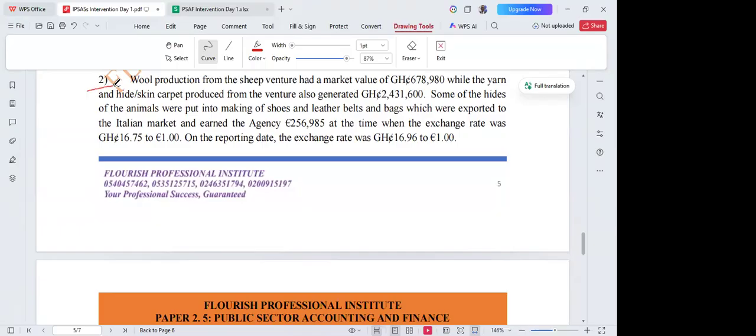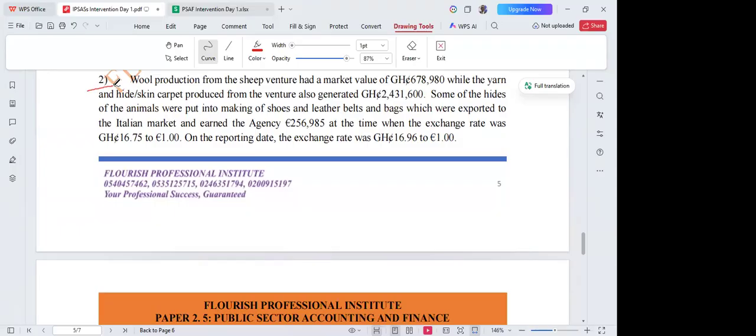Some of the hides of the animals were put into making of shoes and leather belts and bags, which were exported to the Italian market and earned the agency €256,985 at the time when the exchange rate was 16 cedis, 75 pesewas to €1. On the reporting date, the exchange rate was 16 cedis, 91 pesewas to €1. Okay, thank you very much.